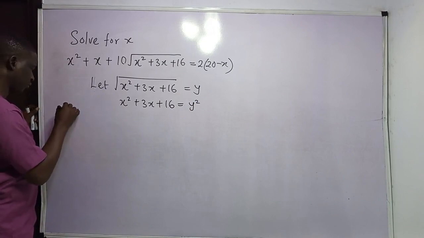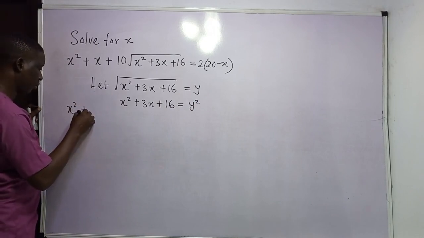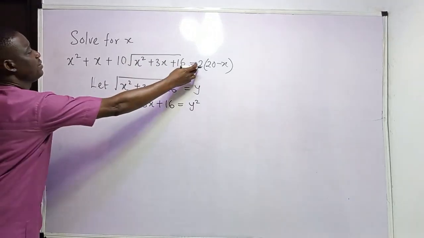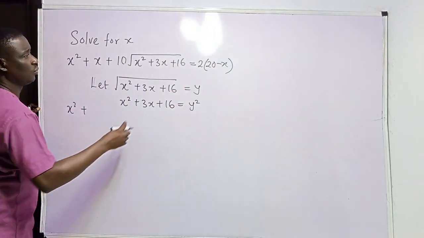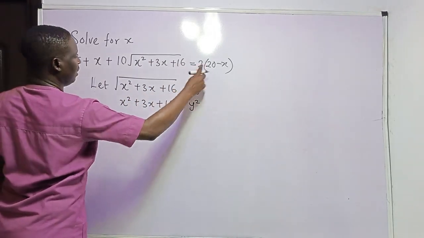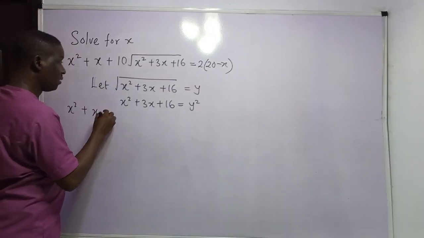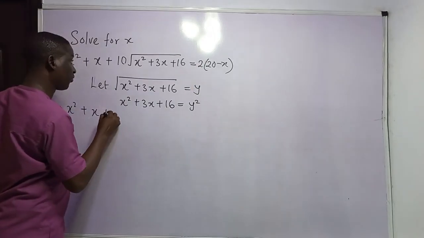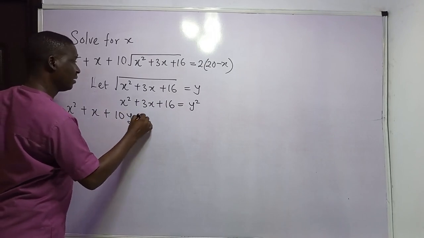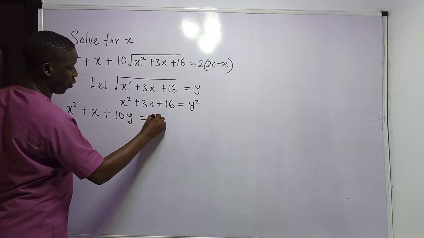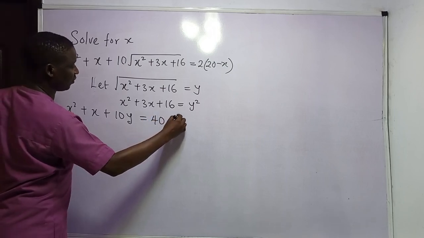Now let's substitute inside. First of all, let me rearrange so that we can see properly. So x squared plus, if you open the bracket, plus 10y equals 40 minus 2x.